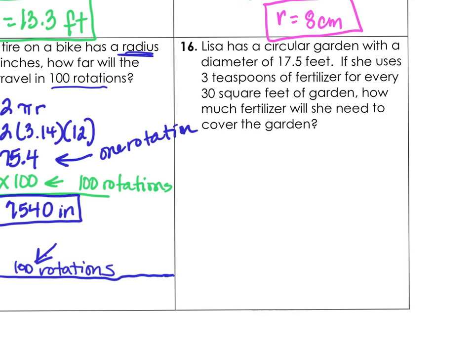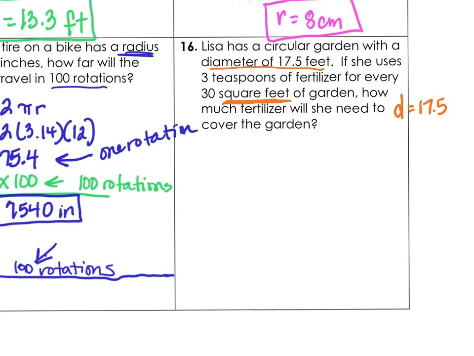Just stop. So, a circular garden with a diameter of 17.5 feet. I'm going to write that down so I remember. Diameter equals 17.5 feet. If Lisa uses 3 teaspoons of fertilizer for every 30 square feet, that means I'm finding area. How much fertilizer will she need to cover the garden?